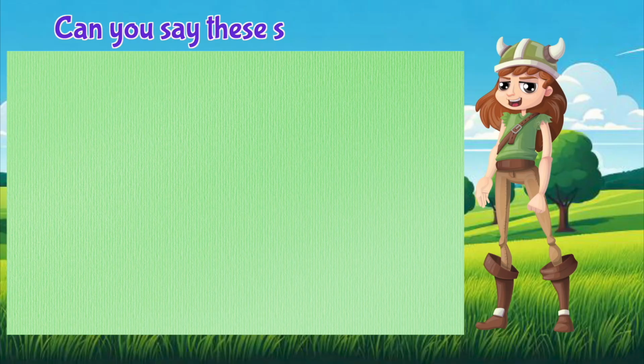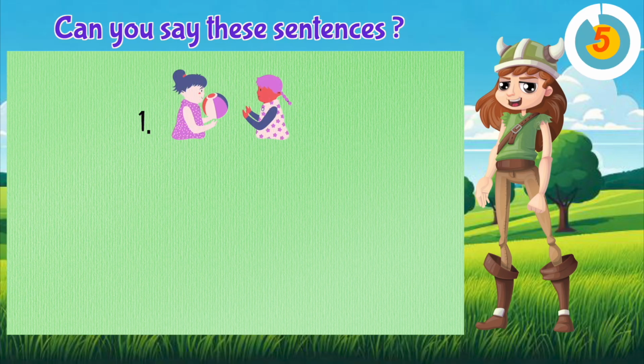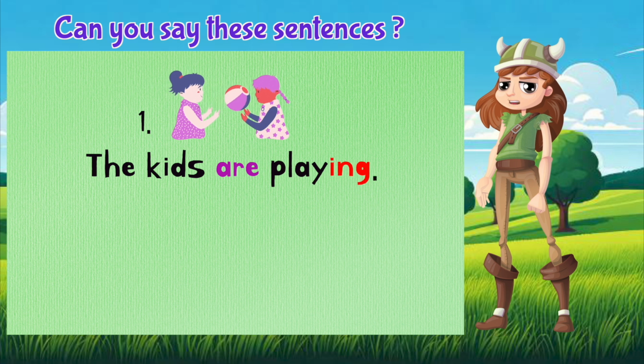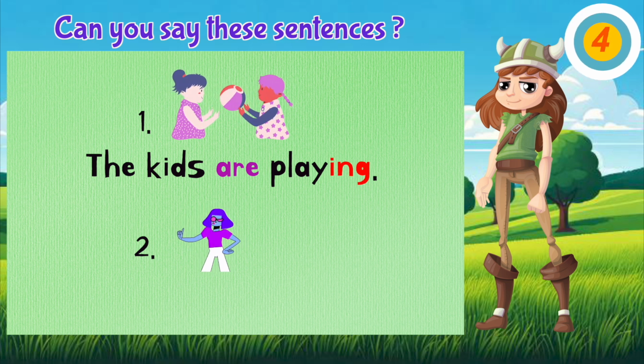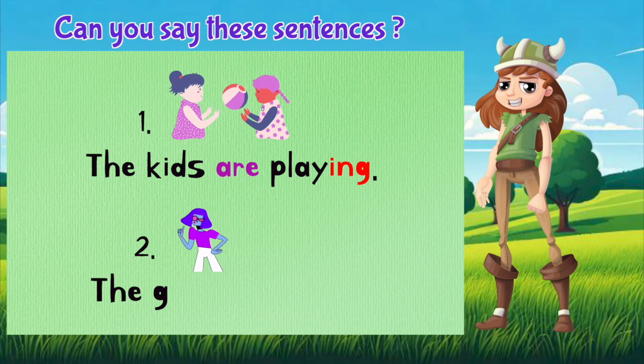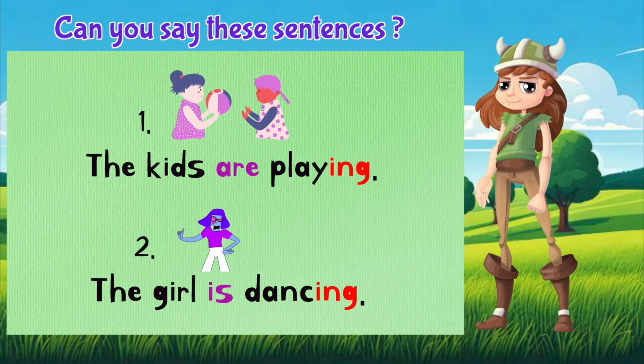Can you say these sentences? What's number 1? The kids are playing. Good. What about number 2? The girl is dancing.